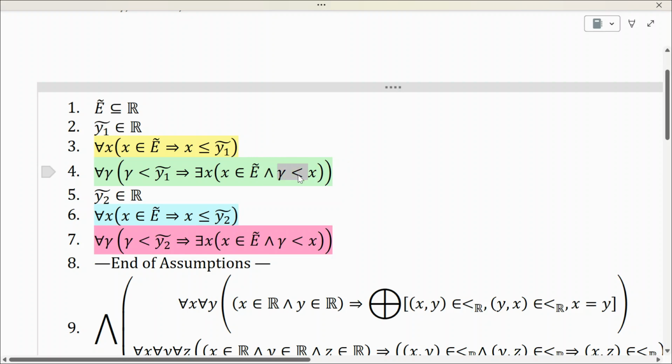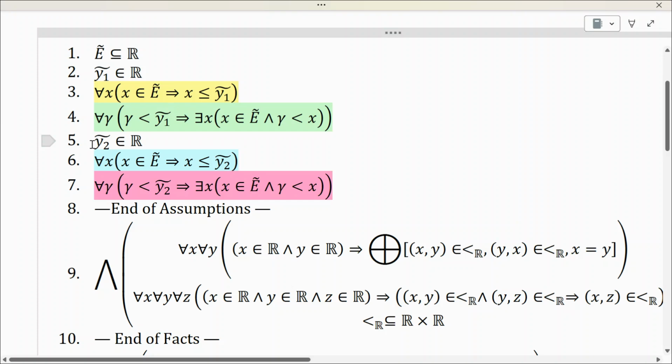So gamma cannot be an upper bound. So this is saying that gamma is not an upper bound, given that here gamma is less than our least upper bound. So this is a statement of the least upper bound. This is a statement that y1 tilde is an upper bound, and then nothing can be a least upper bound other than this one.